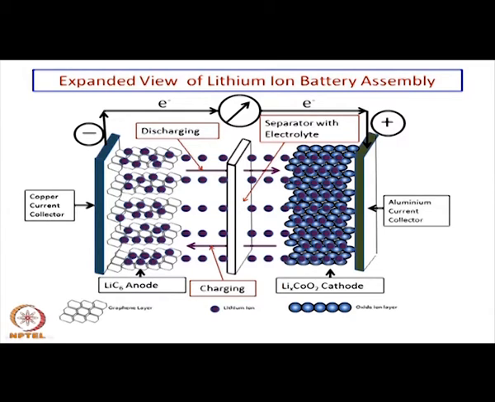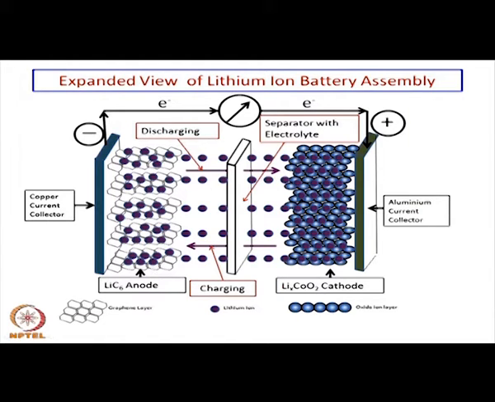However, if you want to recharge, you have to charge the system, then the lithium has to be pushed back. By applying an EMF from the outside, the lithium from the cathode is pushed back into the anode side. When it gets saturated with lithium, the charging is complete.